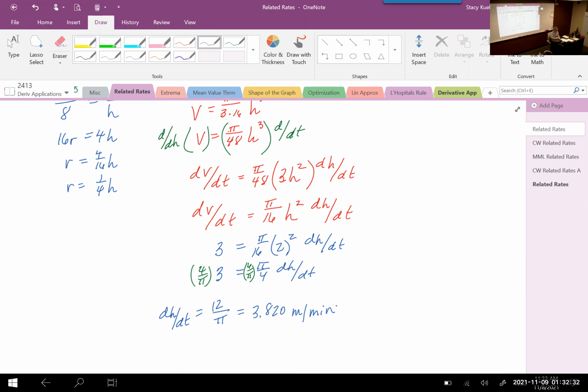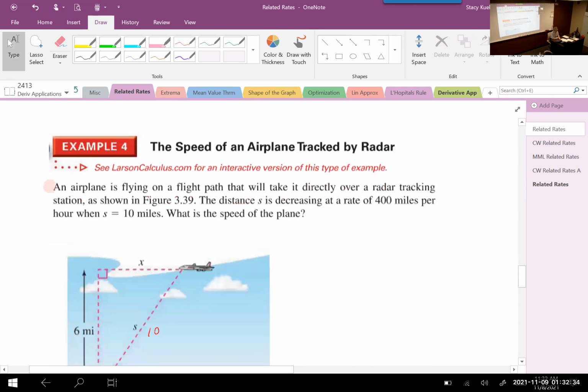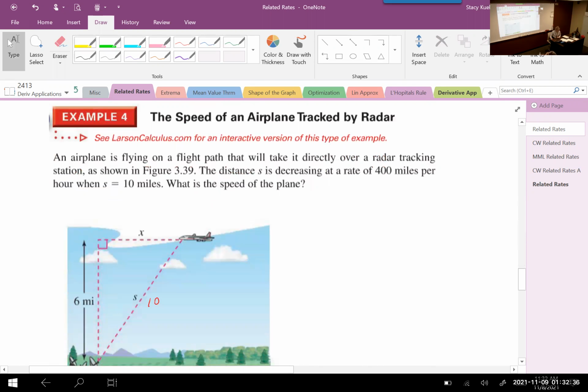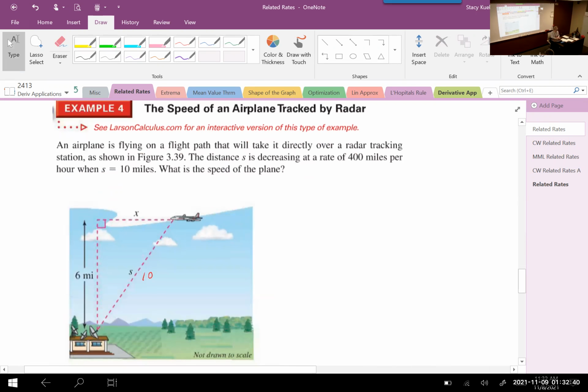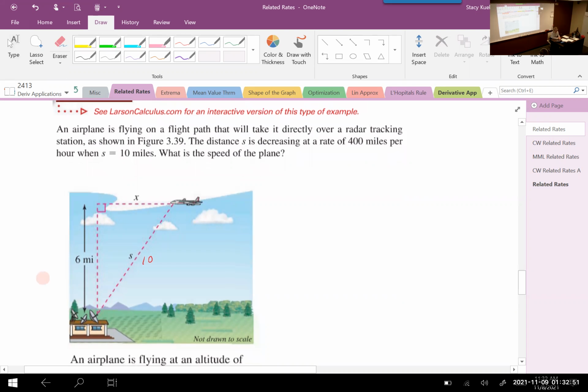Okay. Now, let's look at this one. An airplane is flying in a flight path that will take it directly over a radar tracking station. So you have your figure here.